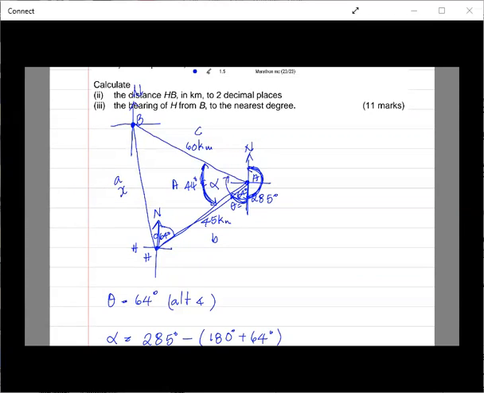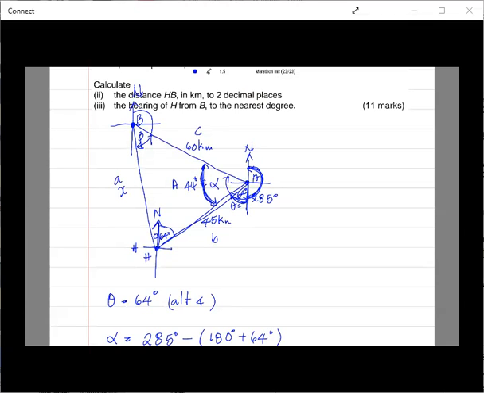I need this angle here. It would start from north and come around to the line that connects H and B. That is the angle I need. Let's call it beta.